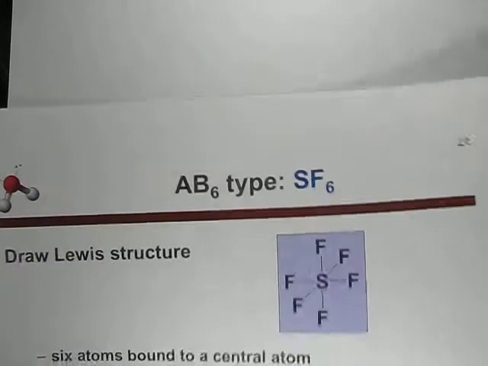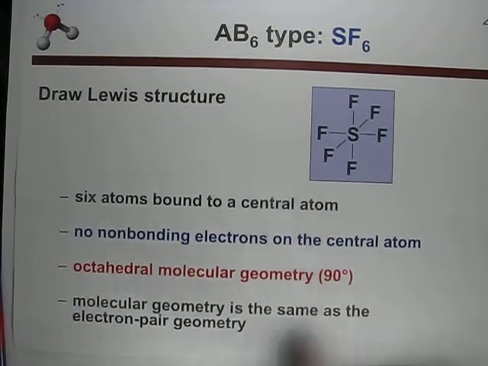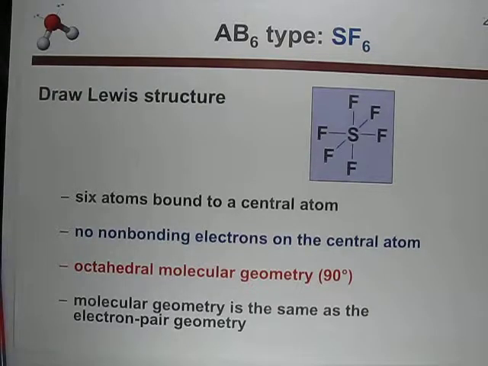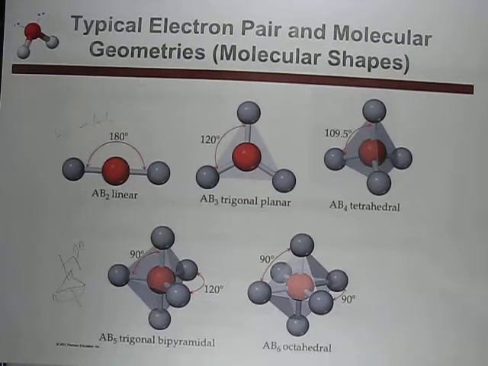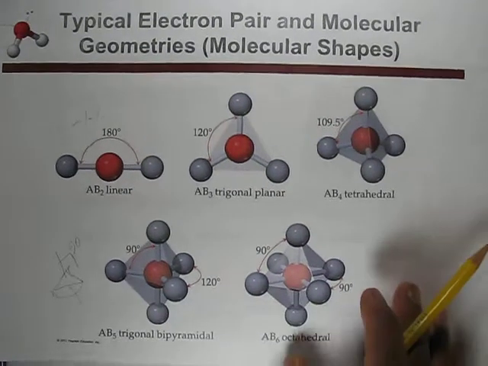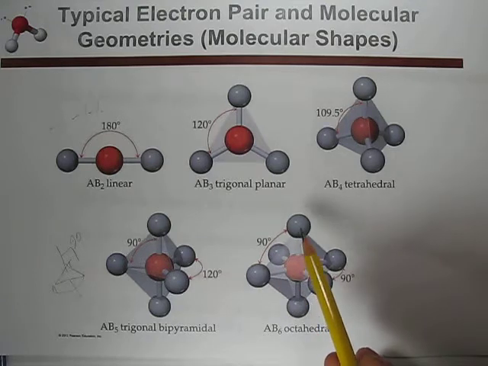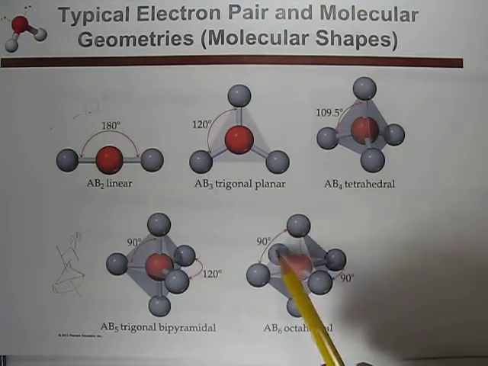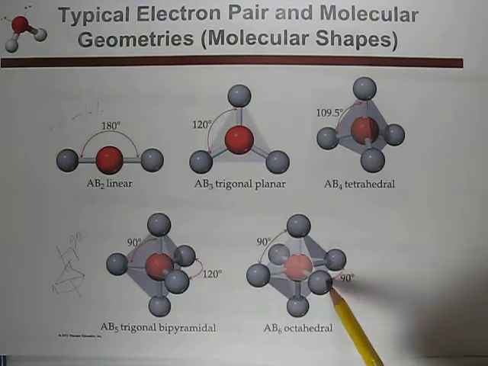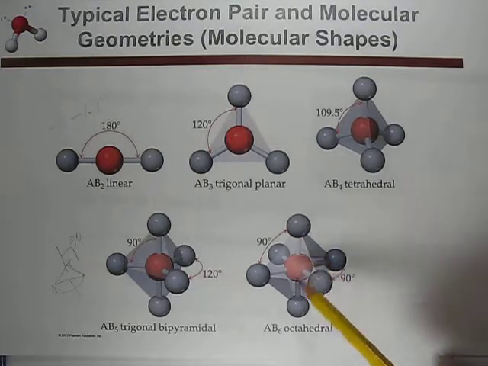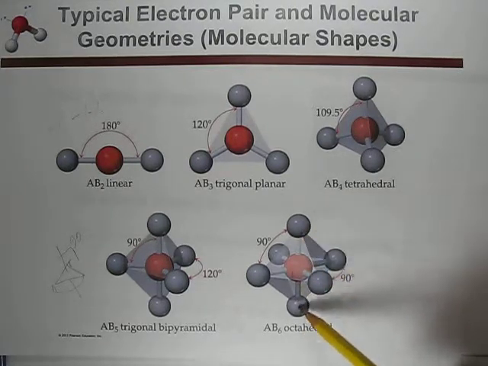Let's study the next type, which is AB6 type molecular geometry. Once again we will review our typical slide, where in the case of AB6 you can see that out of the 6 elements, 4 are in one plane in the form of a square, and 2 are in a linear fashion.